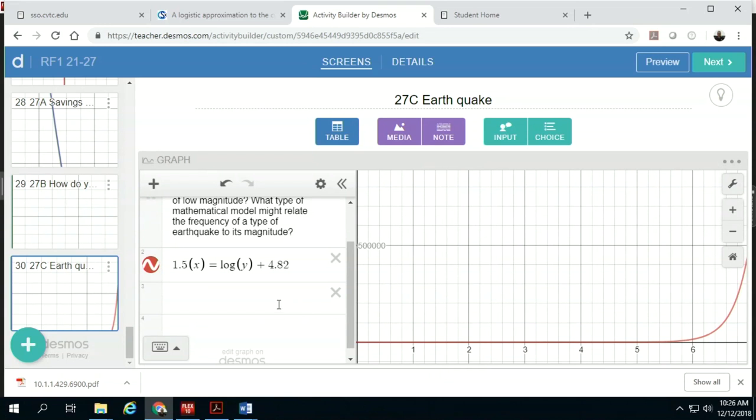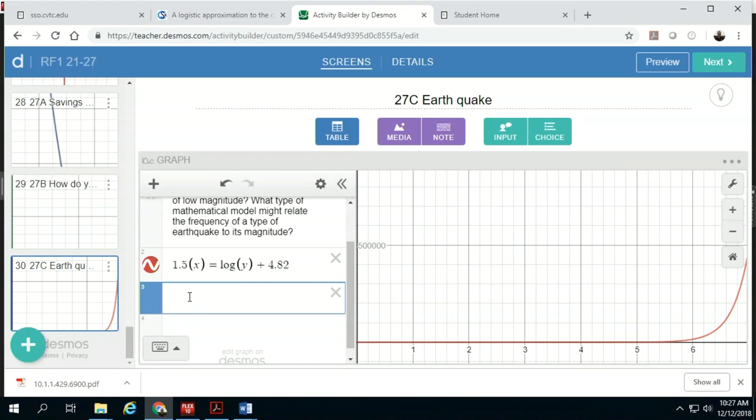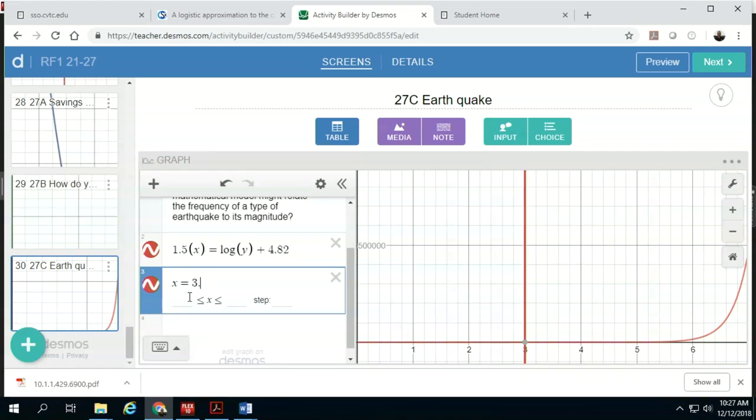So if we're here at, well, let's take that 3.88 earthquake. Oops. Why is it way over there? Let's say X is 3.88.